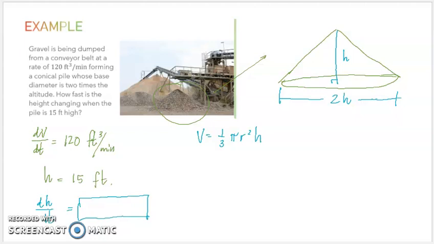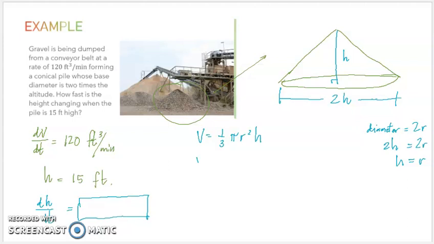So we know that, again, the diameter is twice the radius. And in this case, the diameter here is 2h. So that is twice the radius. So that means that h is just the same as r. So we will just replace r with h.